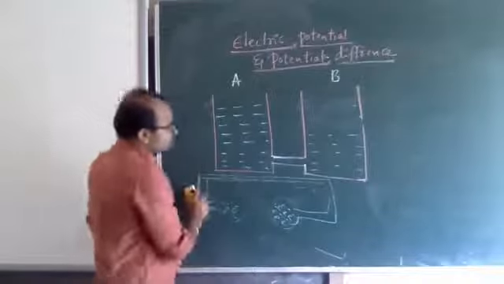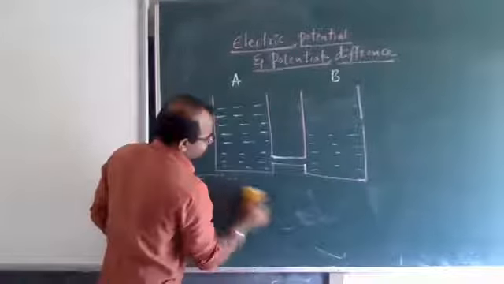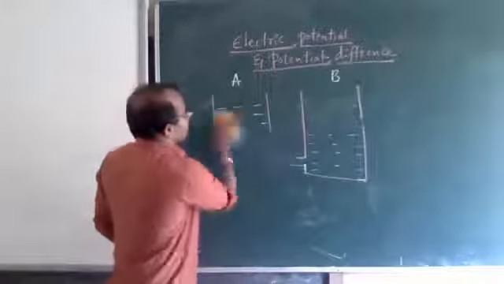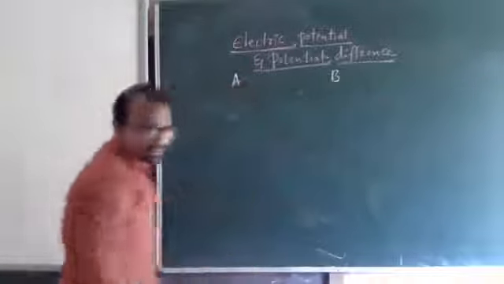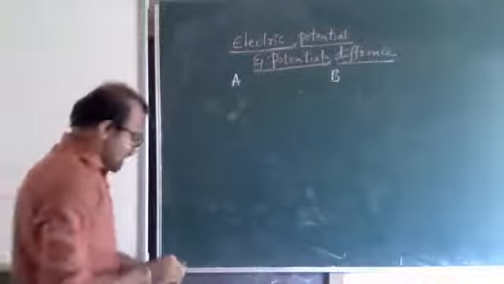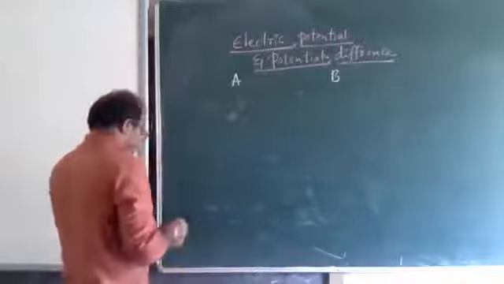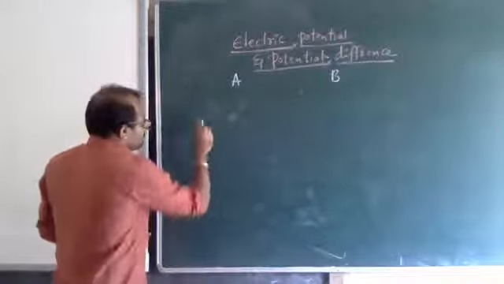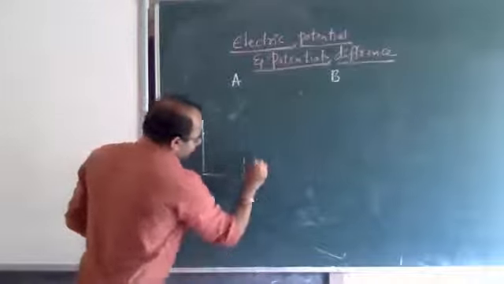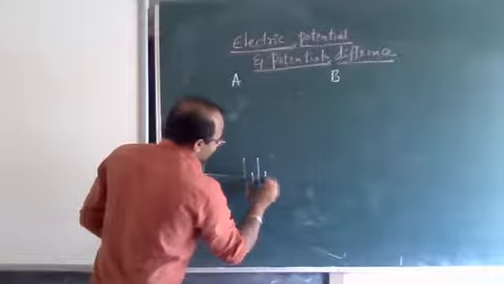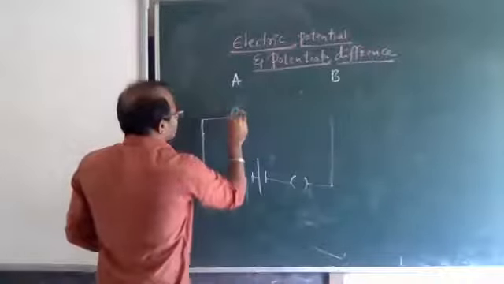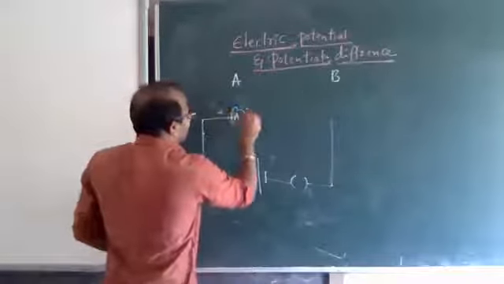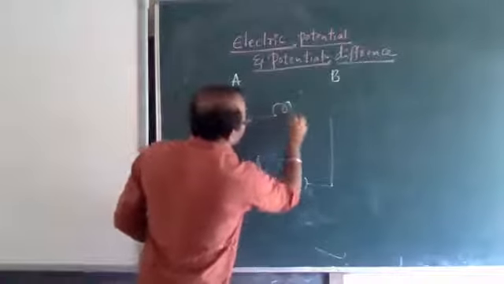So what is potential difference? Suppose I make an electrical circuit, and this is the bulb.